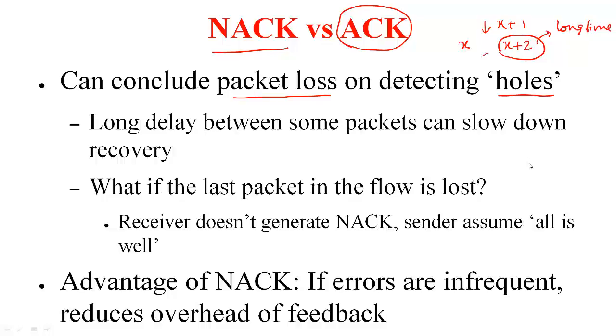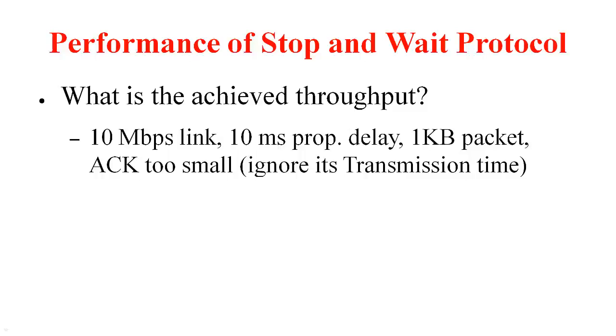Now the receiver doesn't know that it is the last packet, so it's not going to generate a NAK, and the sender is going to assume all is well because it did not receive any NAK. So it's kind of a deadlock situation here. The one good advantage of NAK is if errors are infrequent, the feedback that you're going to provide is going to be very less. In other words, you provide feedback only when there is error.